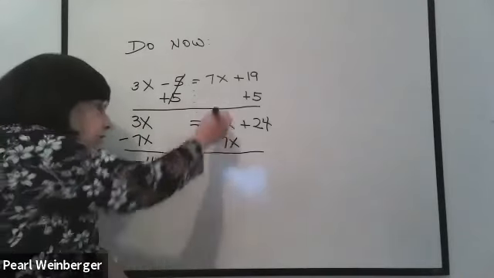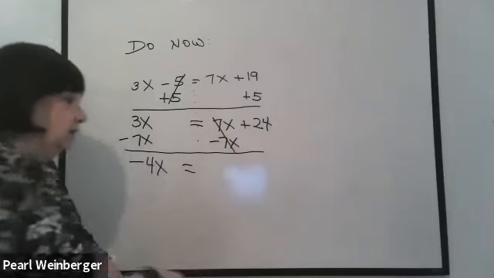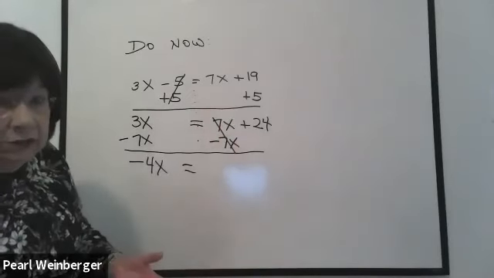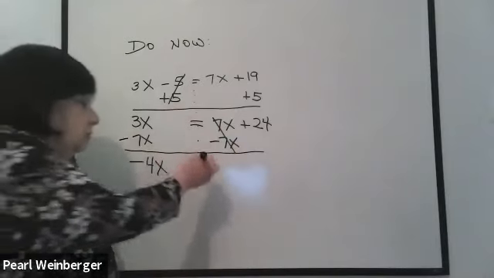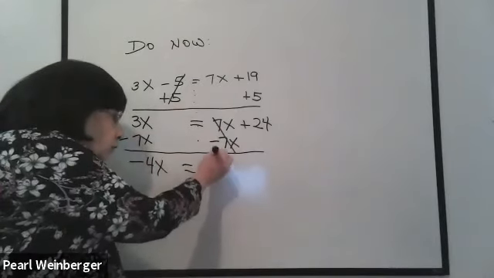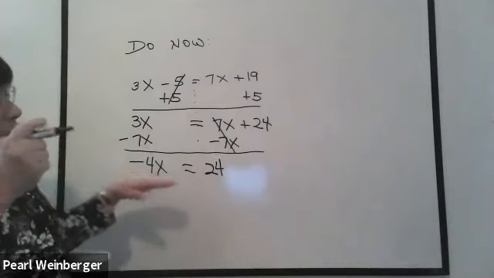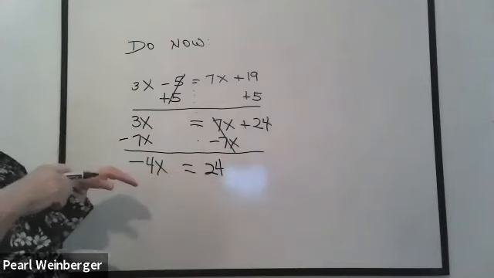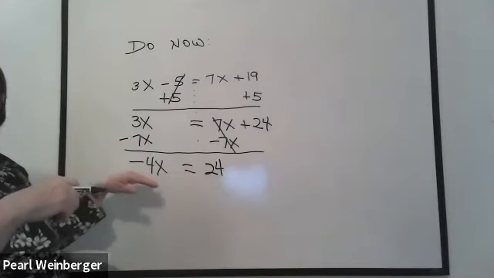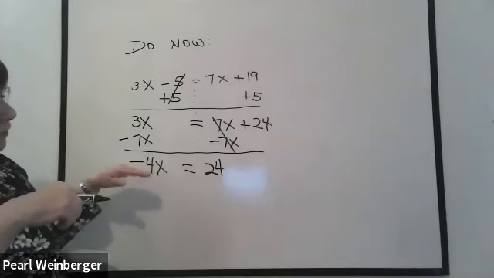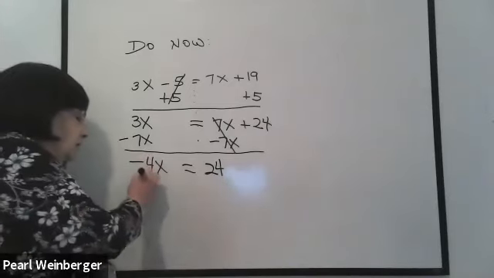On the other side, the 7x and the negative 7x get canceled out because that's really 0. And so all we're left with is 24. And our final step in any equation is to divide by the coefficient of the x, which in this case is negative 4.